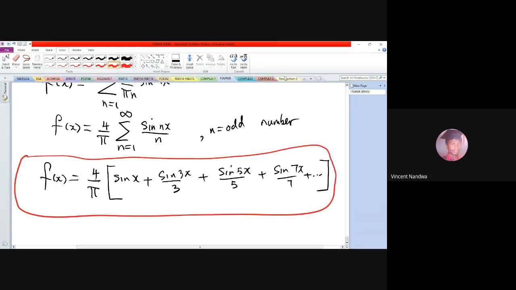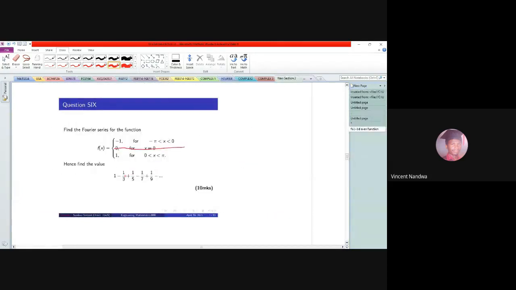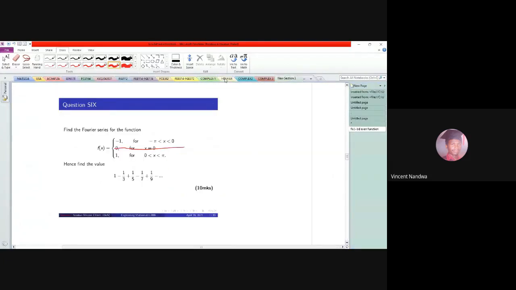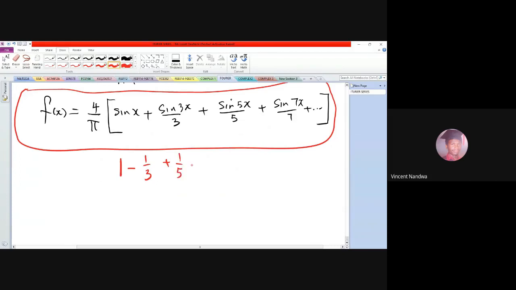Now we were to compute 1 minus 1 over 3 plus 1 over 5 minus 1 over 7 plus 1 over 9, so alternating. So we have to evaluate 1 minus 1 over 3 plus 1 over 5 minus 1 over 7 plus 1 over 9 minus etc. So we ask ourselves, this trigonometric part is what helps us to get the answer.